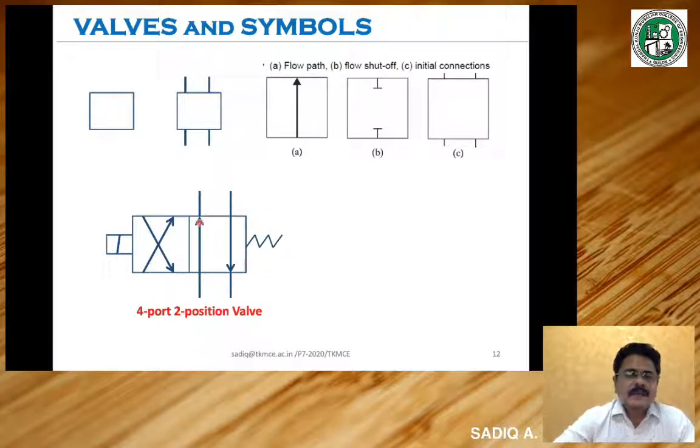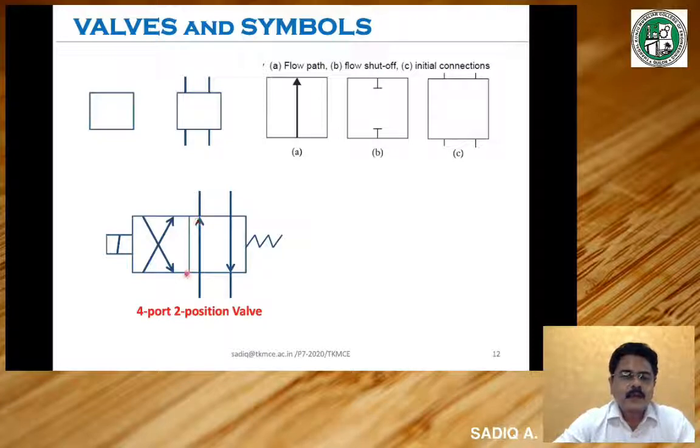Now let us try to understand what is shown here in this standard representation of a valve. This is a valve. We can see that the valve has how many ports? 4 ports, like 1, 2 here, 3 here, 4 ports. So this is one rectangle. This rectangle shows that this is one status of this valve.